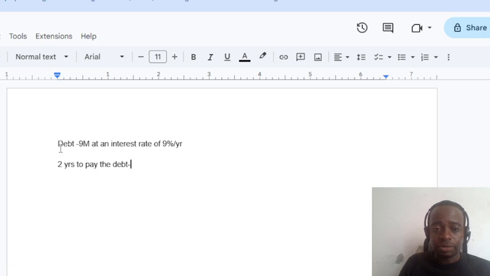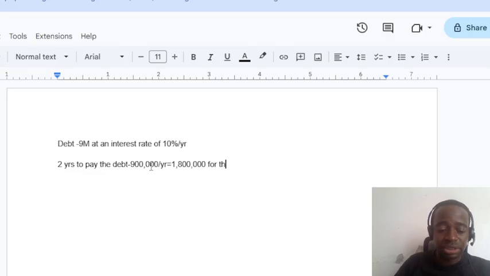So 10% of 9 million translates to 900,000 per year, which is equivalent to 1.8 million for the 2 years.